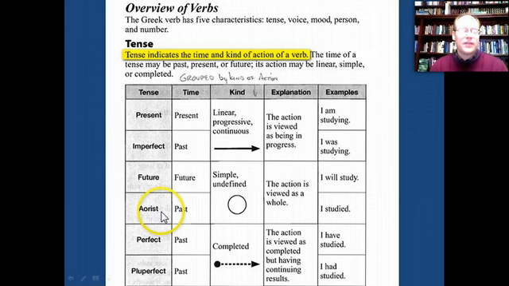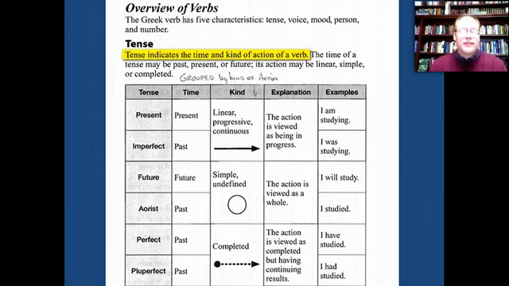The future and the aorist tenses, and please note that this is pronounced aorist, it is not pronounced aorist, communicate or portray simple or undefined action. In other words, the author's not telling you how long it took, whether it happened repeatedly, whether it's finished or not.